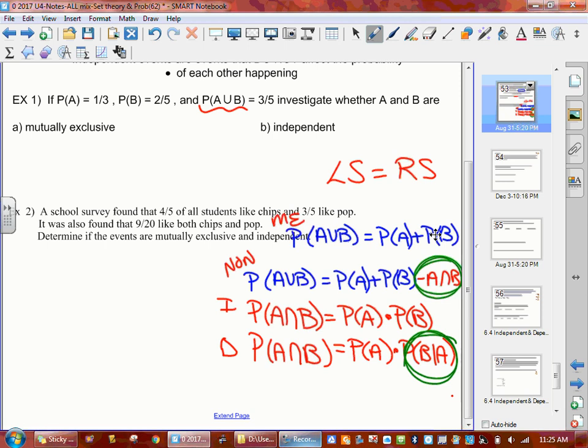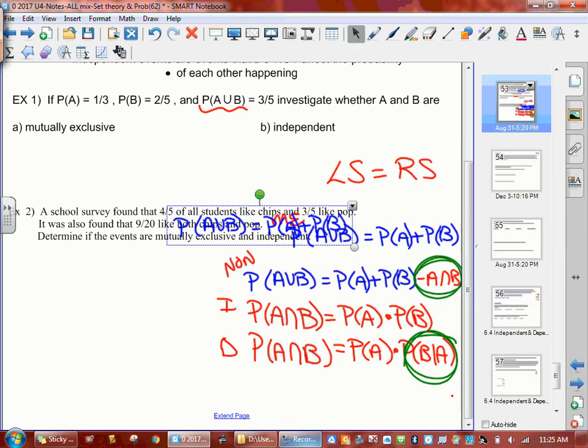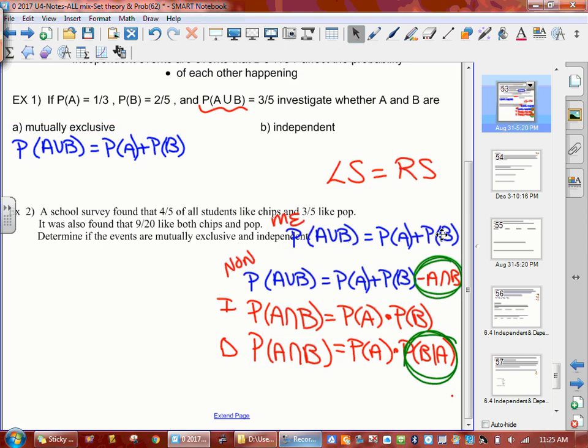So I'm going to check the mutually exclusive one. So probability of A or B. All right, so I'm using that one right here. It says the OR is 3 over 5. It says A is 1/3 and B is 2/5. So to see if the left side equals the right side, we need to use common denominators, because we're adding and subtracting. Whenever you're adding and subtracting, you need common denominators.